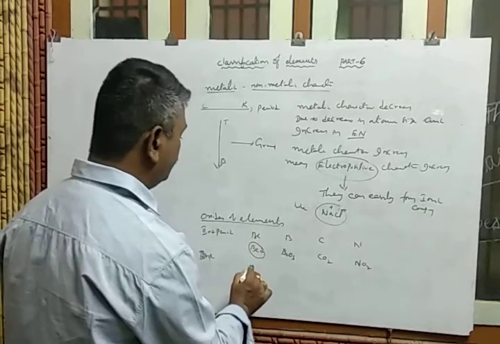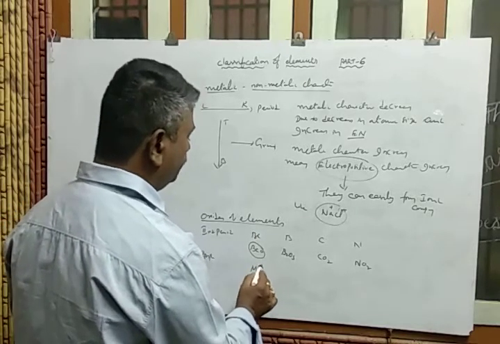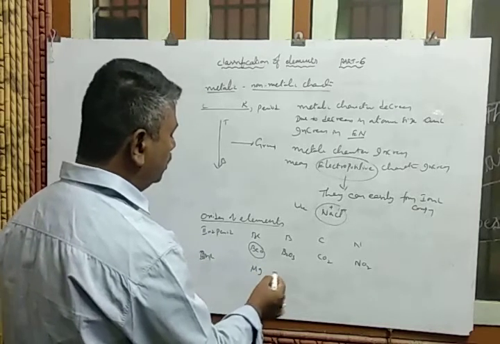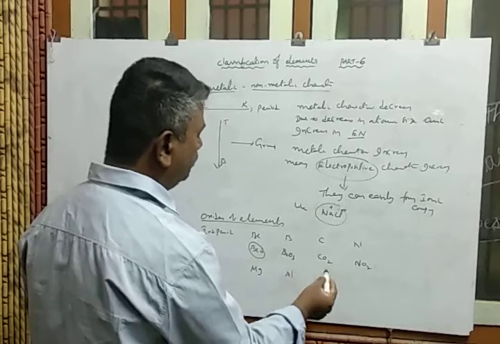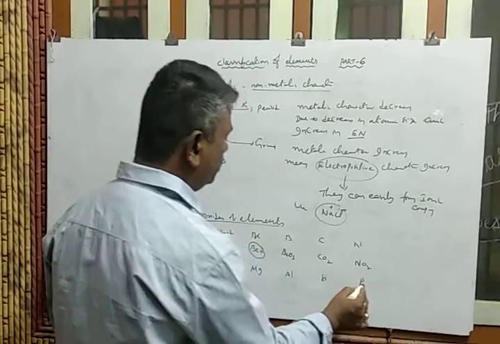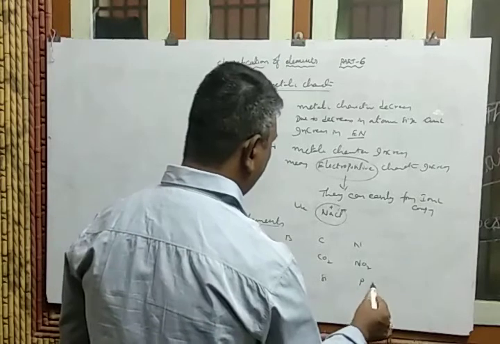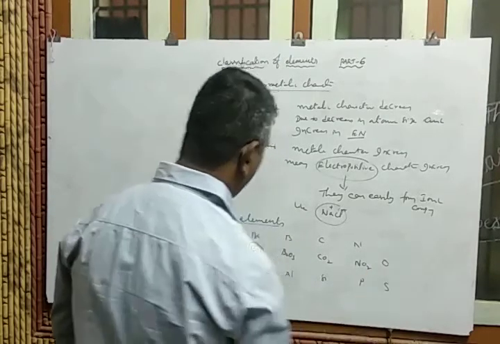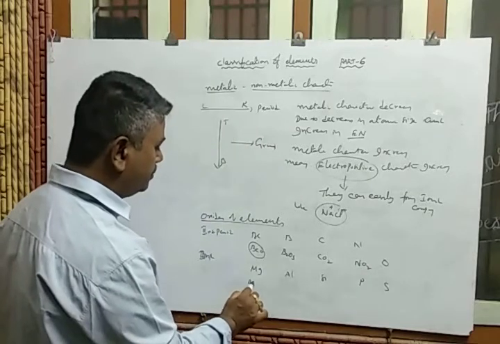Magnesium, aluminum, silicon, phosphorus, sulfur, like this. So these oxides are which ones?